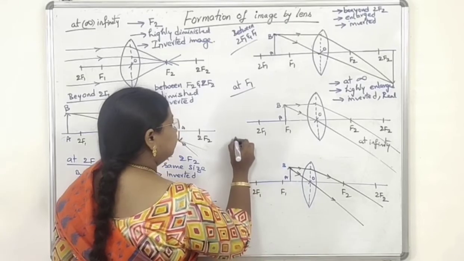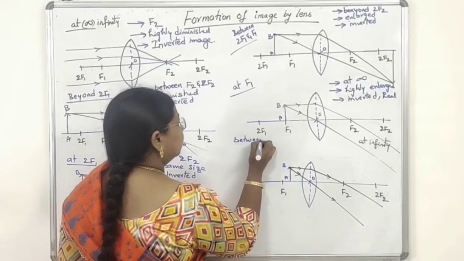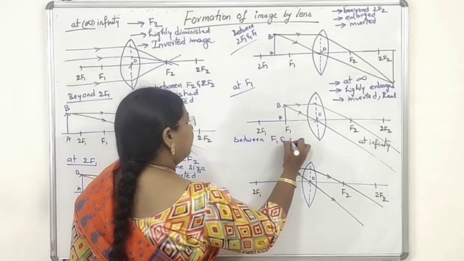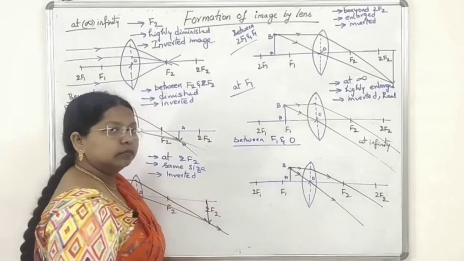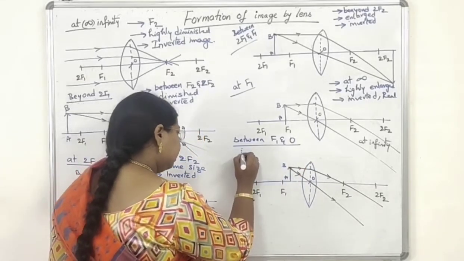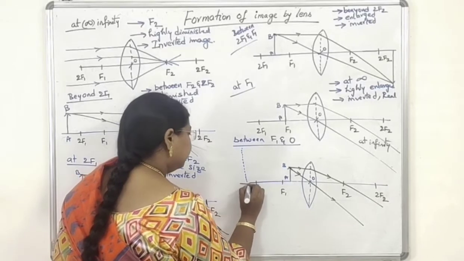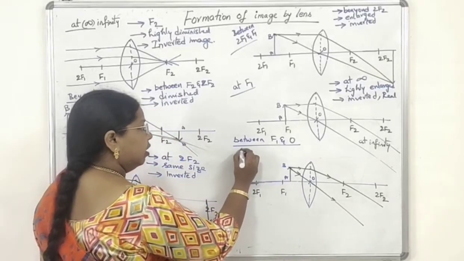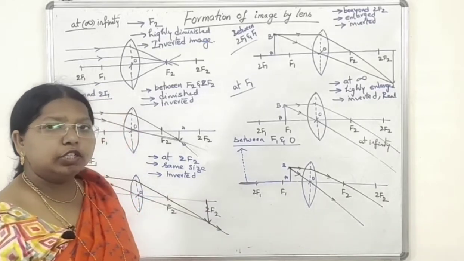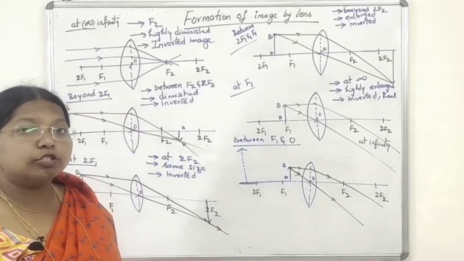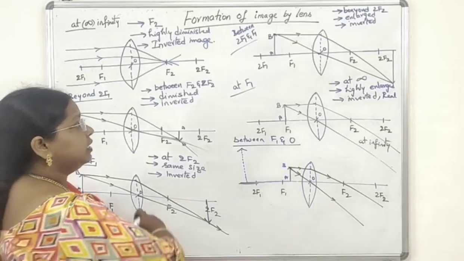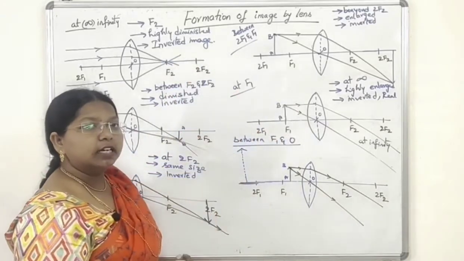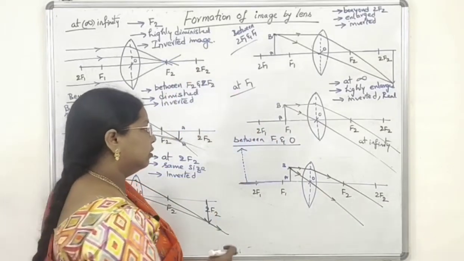Object is between F1 and optical center. So your image will be this one, on the principal axis. Why have I drawn it with a dotted line? Because it is a virtual image. It is not real. In all these cases it was a real image. Now it is a virtual image.